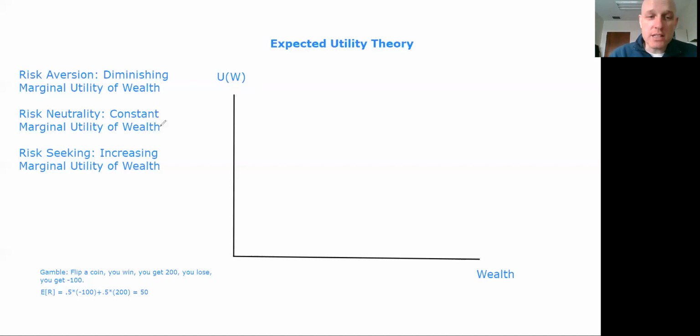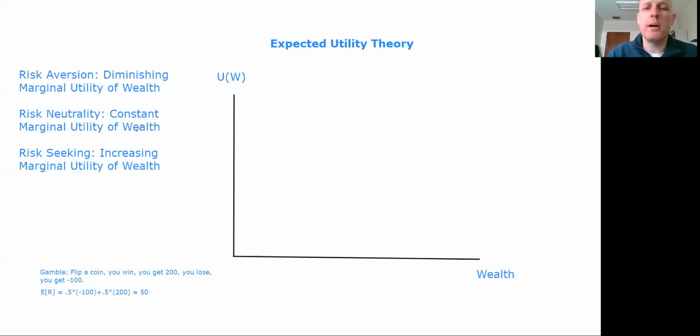Someone that has constant marginal utility of wealth, a positive first derivative and a zero second derivative, is said to be risk neutral. And last but not least, there might be some people that are risk seeking, right? Both the first and the second derivative of the utility function with respect to wealth are positive. Those individuals are said to be risk seekers, okay?